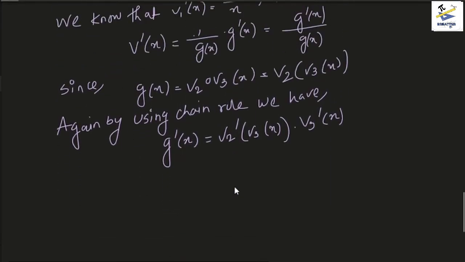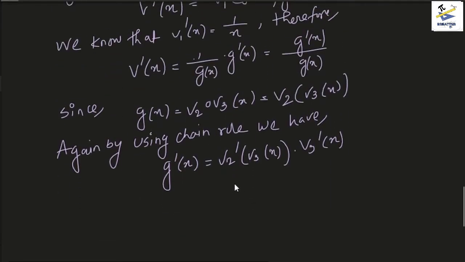Then since v2 prime x is cos x, this becomes cosine of v3x, and v3 prime x is just e to the power x, so it's e to the power x. So this becomes e to the power x cosine of e to the power x, right, which is g prime of x.